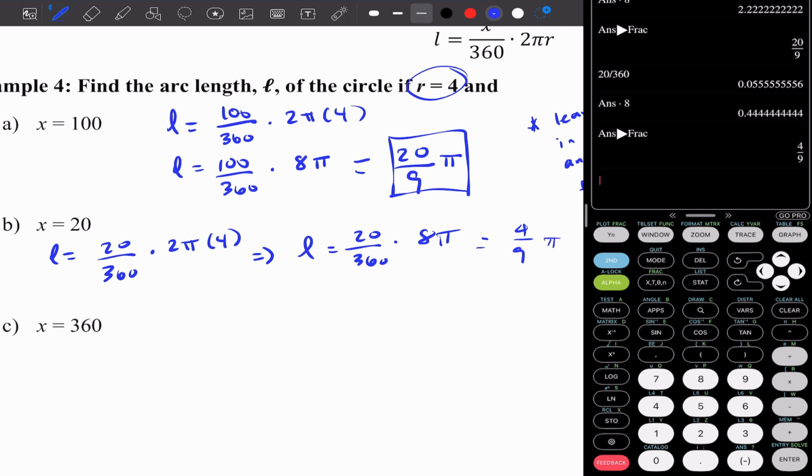All right. And then over here for C, L equals 360 over 360 times 2 pi 4. Notice that 360 divided by 360 will cancel each other out. So that's just 1 times 2 pi 4, which is 8 pi. Your answer is just 8 pi.